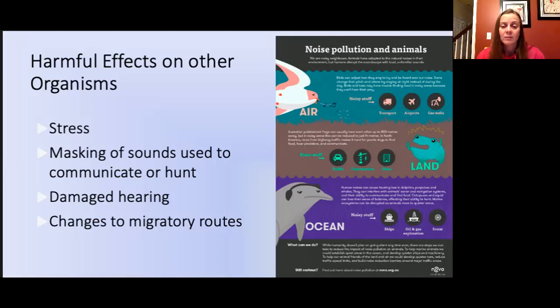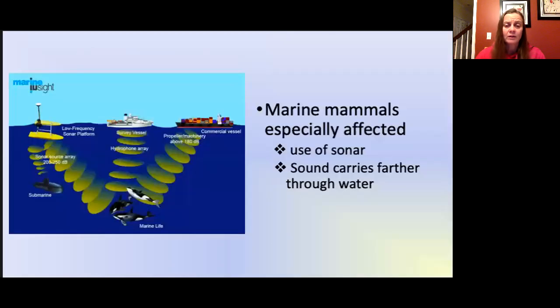It can also damage animals' hearing, and it can cause changes in their migratory routes. Aquatic animals are particularly affected by noise pollution because sound carries farther through water than it does through air. And so what we're finding is that marine mammals are among those most significantly affected.